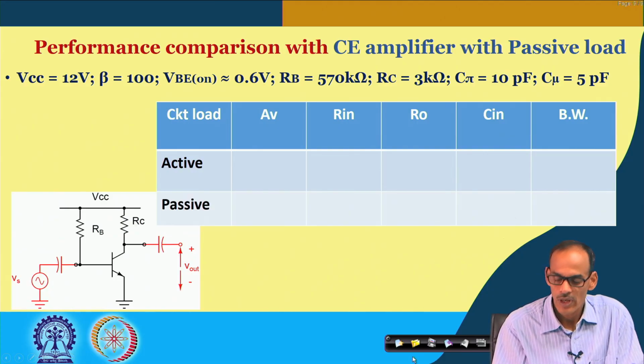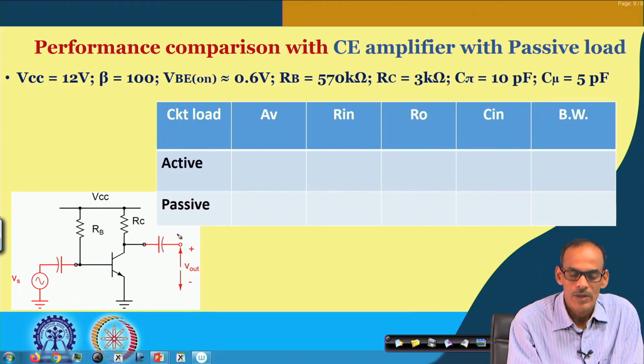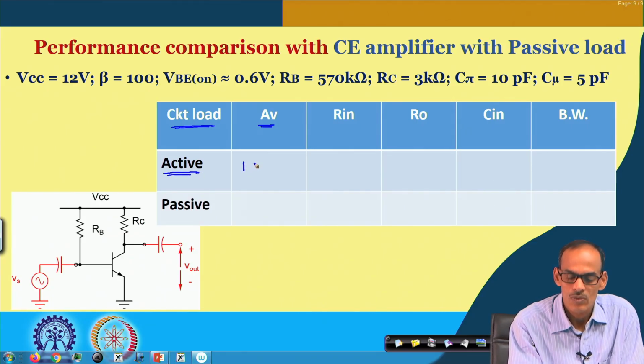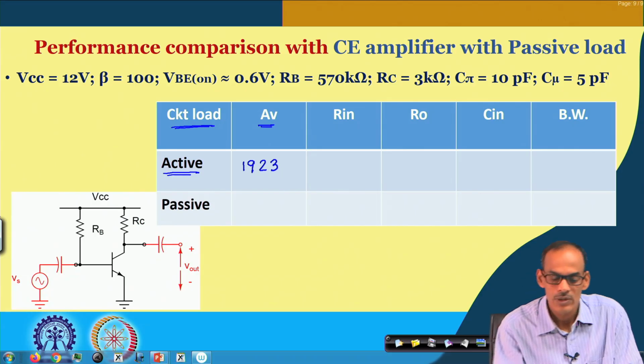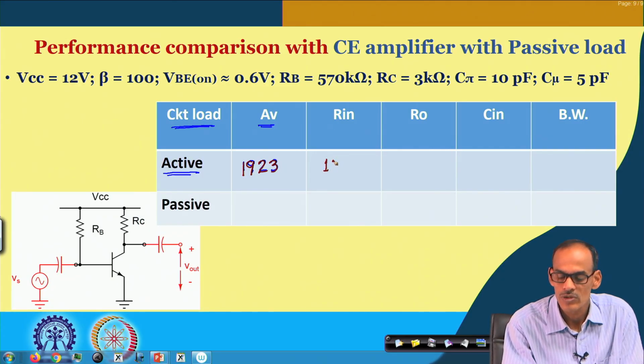So, here we have the table to write different parameters, namely voltage gain. In case the CE amplifier load is an active load, the voltage gain is 1923. Let me use a different color, otherwise it is not visible to you. Input resistance remains the same, 1.3 kilo ohm.